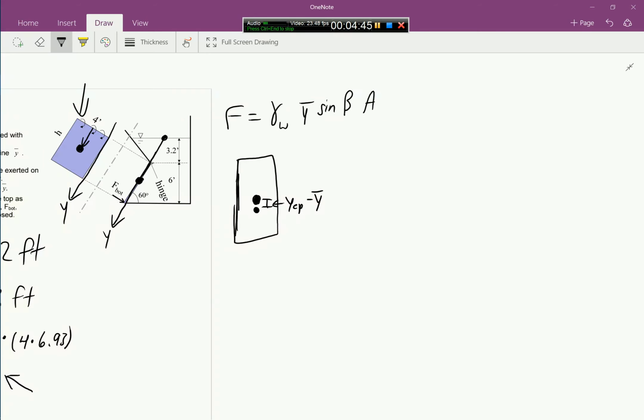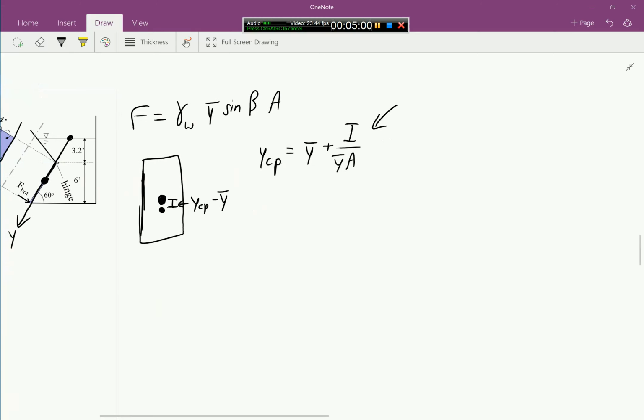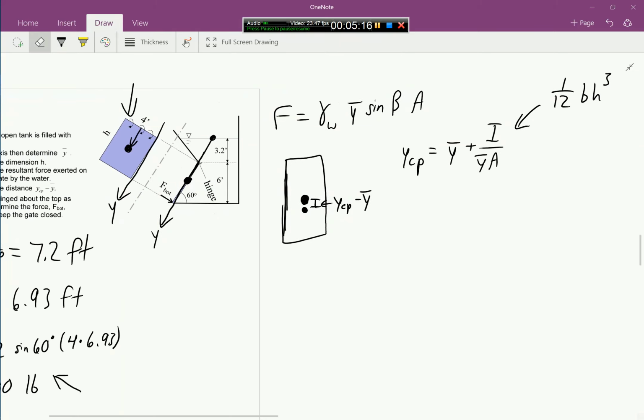That's this distance here. So we know what y bar is, and YCP is equal to y bar plus I over y bar times A, and I is the second moment of inertia, or you can think of it as the area moment of inertia. And this is just a geometrical property, and for a rectangle it is given by 1/12 base times the height cubed.